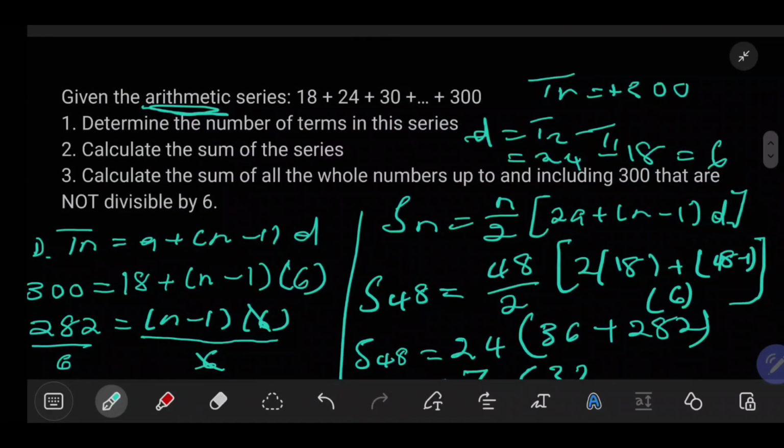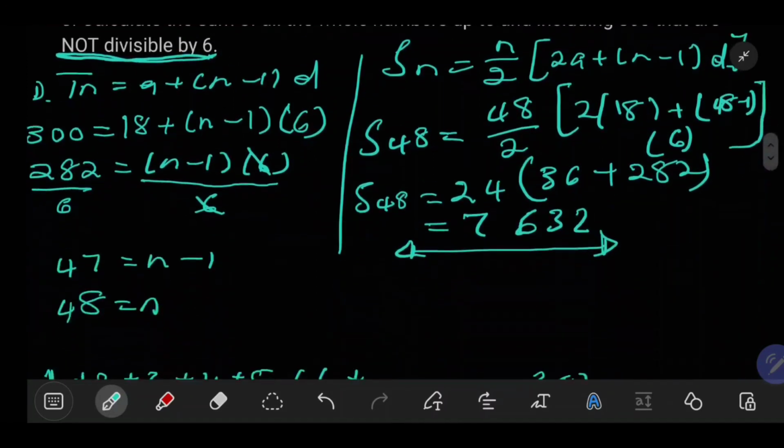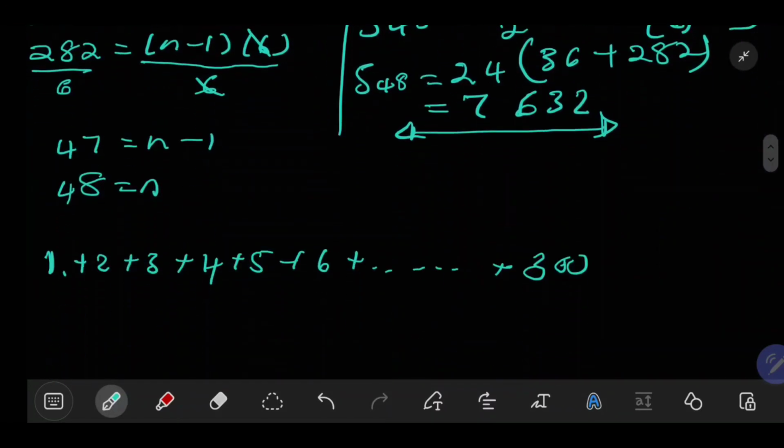The sum of all the whole numbers up to 300 that are not divisible by 6. Okay, we want the sum of all the numbers from 1 up to 300 that are not divisible by 6.